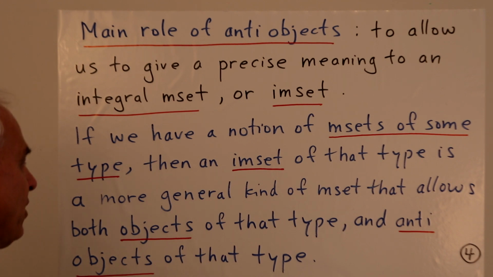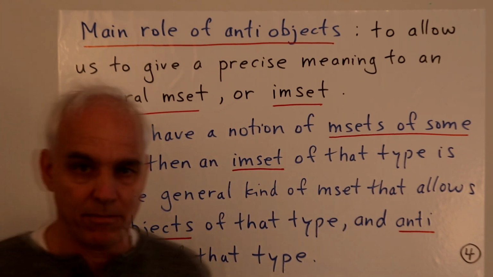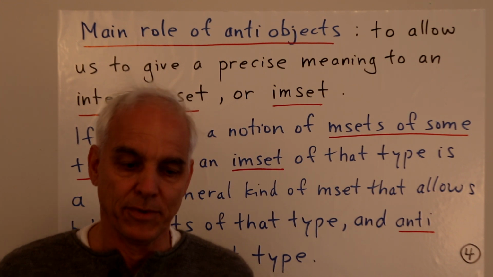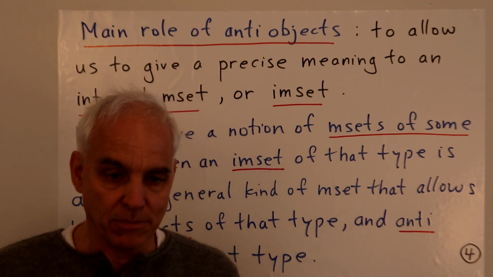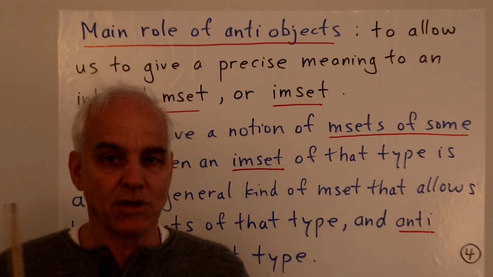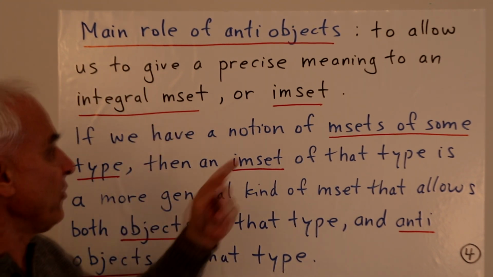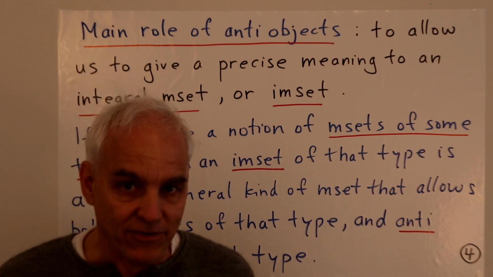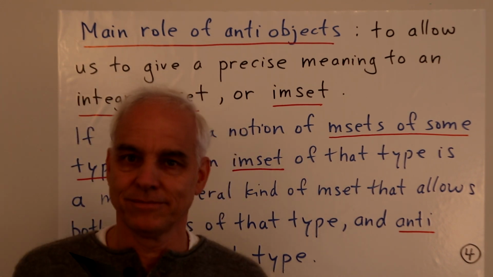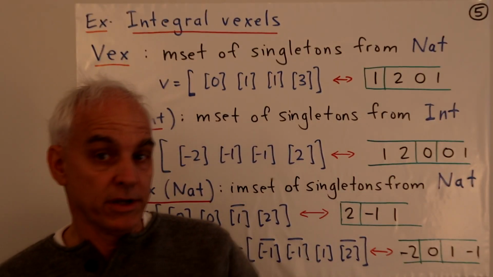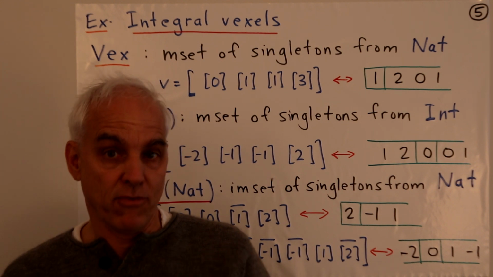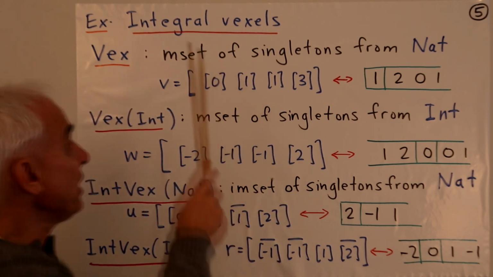So when we allow both objects and anti-objects of a given type, we'll talk about that as being an integral mset, or for short, an imset of that type. So here's a very important illustration of that. It's going to play a big role for us. The idea of an integral vexille.